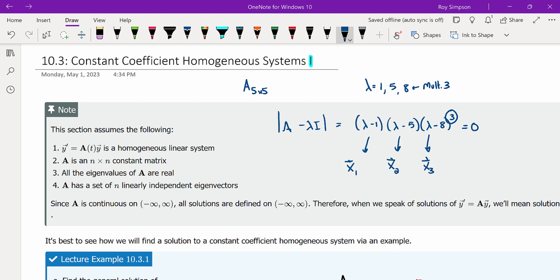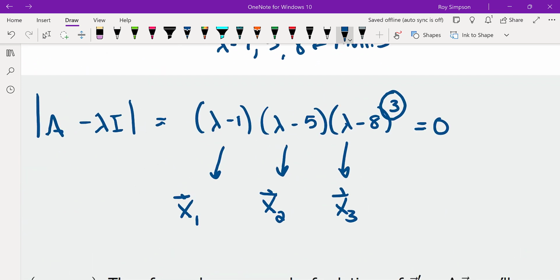So again, every single different eigenvalue will definitely give you a different linearly independent eigenvector. So I can guarantee I have at least 3 linearly independent eigenvectors from these 3 distinctly different eigenvalues. However, the real question is, can I get 2 more linearly independent eigenvectors from lambda equals 8, which has multiplicity 3? If I can, then we're in luck, right?